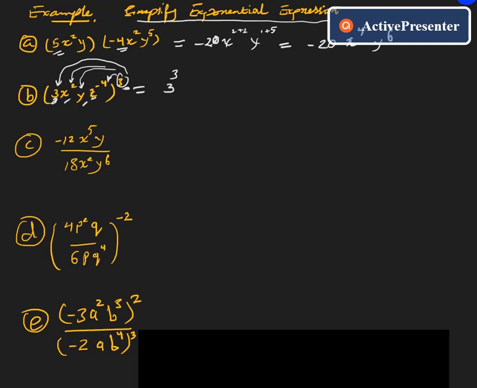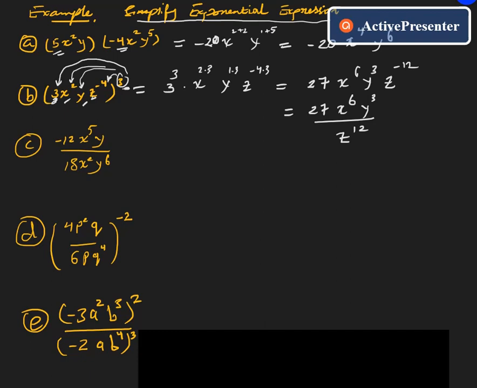So 3 to the power 3 multiplied in x to the power 2 multiplied in 3, y to the power of 1 multiplied in 3, z to the power of minus 4 multiplied in 3. So the final answer is 27 x to the power 6 y to the power 3 z to the power minus 12, which is eventually equal to 27 x to the power 6 y to the power cube over z to the power 12.